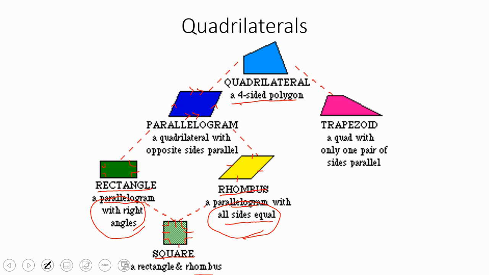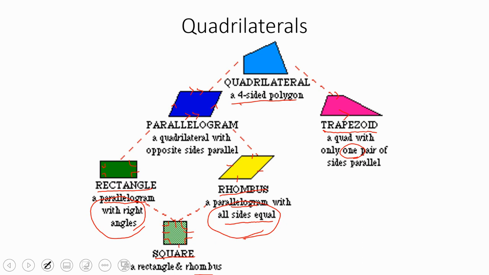Okay? And then on the other side of quadrilaterals, this is not a parallelogram, it is a trapezoid. A trapezoid is a quadrilateral with only one pair of sides parallel. So here are your parallel sides. The other two are not parallel. Parallelograms must have 2 sets of parallel sides. A trapezoid only has 1.